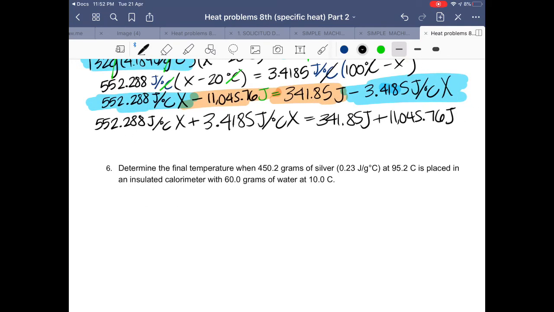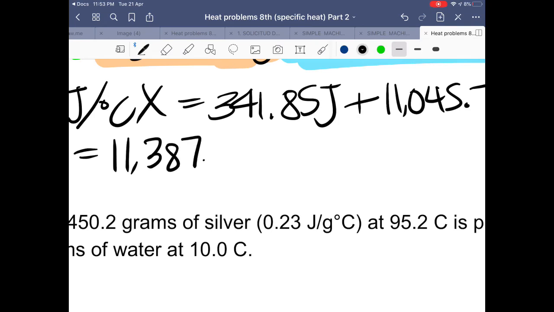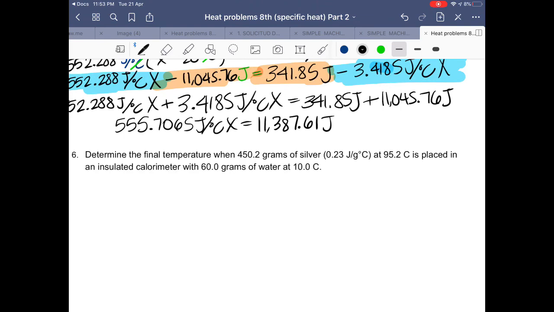You add them up, 555.7065 joules over degrees Celsius x equals 11,387.61 joules.